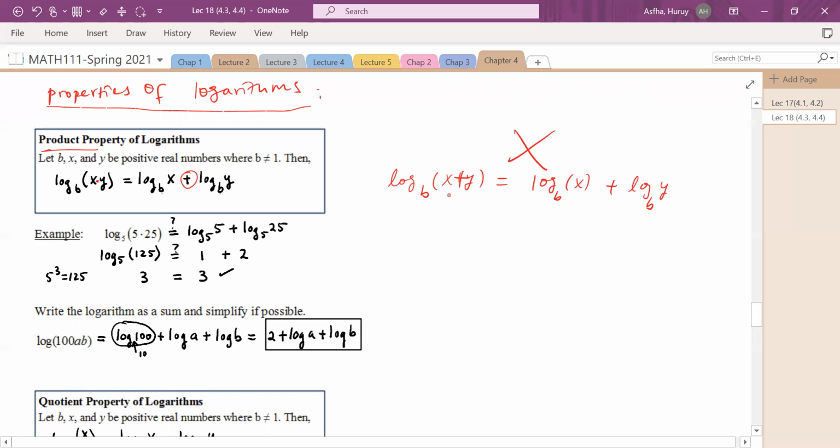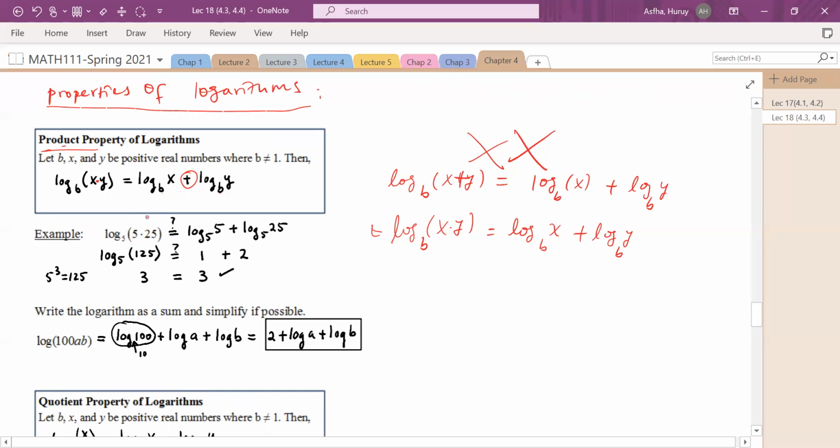We cannot distribute it. So be careful, this is wrong. But if you have x times y base b, this is the same as log x base b plus log y base b, and we call this the product property of logarithms. Okay.